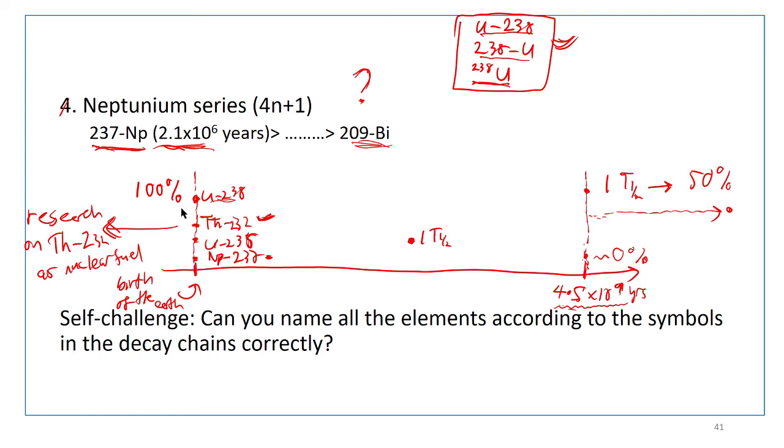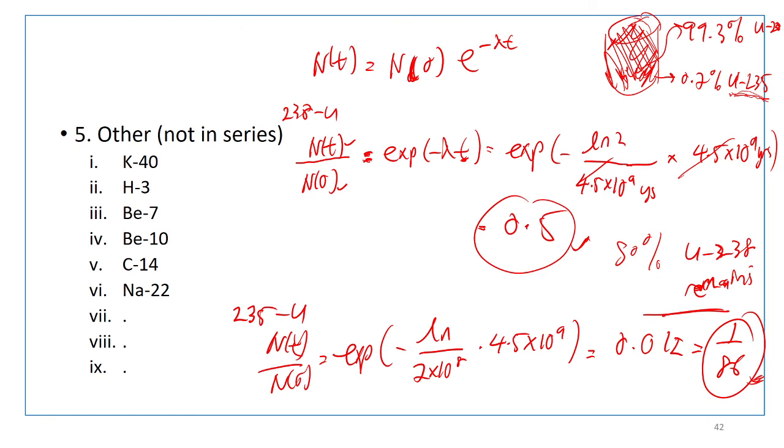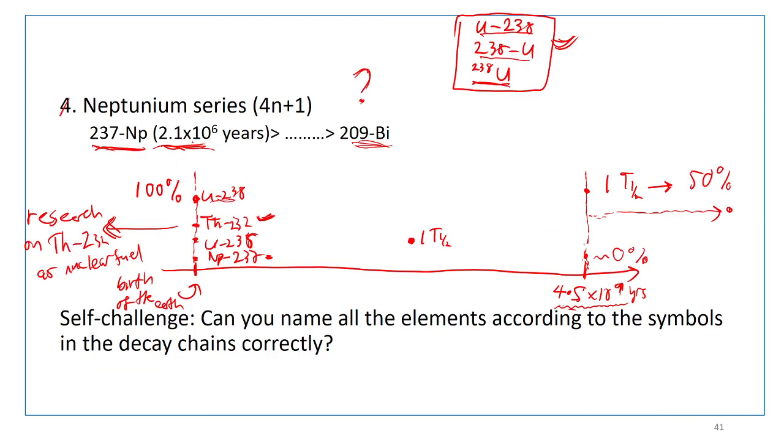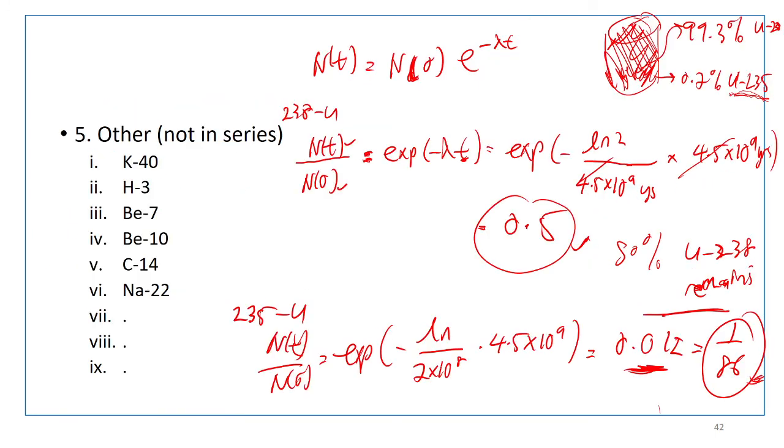So let's try neptunium. If you do neptunium, you will get a far smaller number than what is calculated here, because the half-life of neptunium is in the order of 10 to the power of 6 years, compared to uranium 235 in the order of 10 to the power of 8.